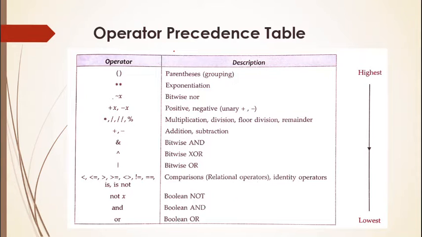Whatever we put in parentheses has the highest priority, meaning that expression will be evaluated first, and then exponentiation, then bitwise operators. Those operators work on binary data. If we put some decimal data, then that data will be converted into binary and then the operation is performed.